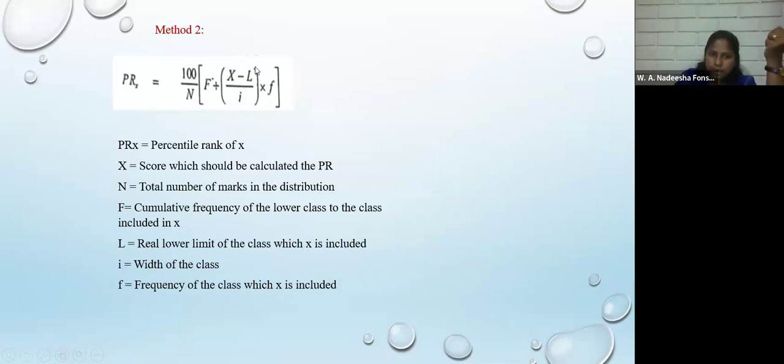X is the data, and L is the lower real limit of the considered interval. In this course, these are all the notations we use, and you have to apply them where needed. Here it is PRX; if it were for the median, it would be that equation, but the notations are the same.